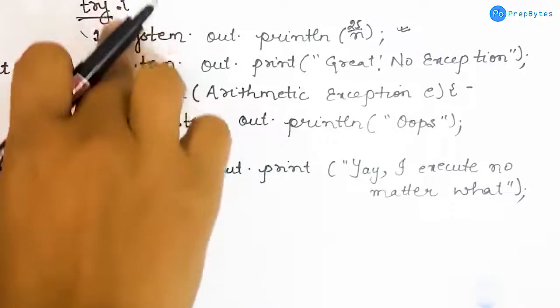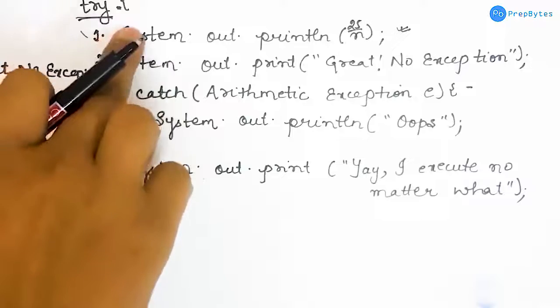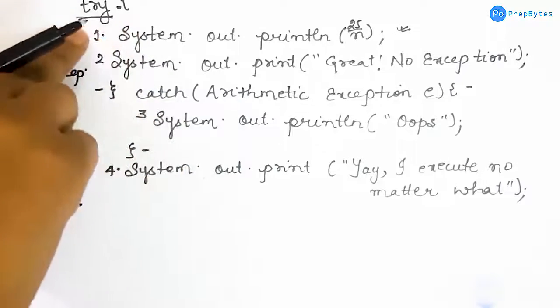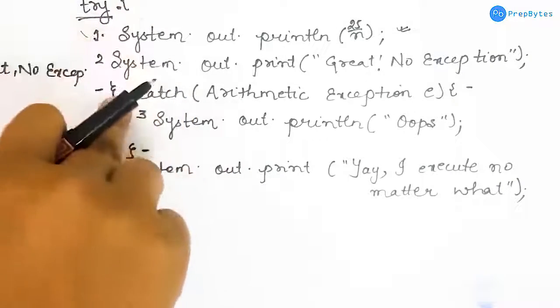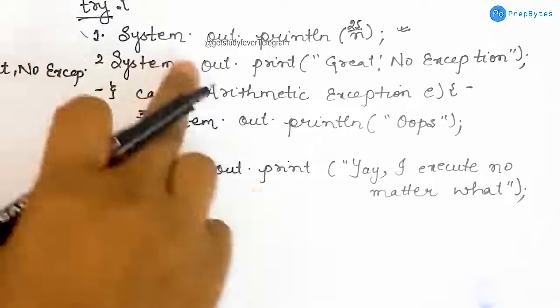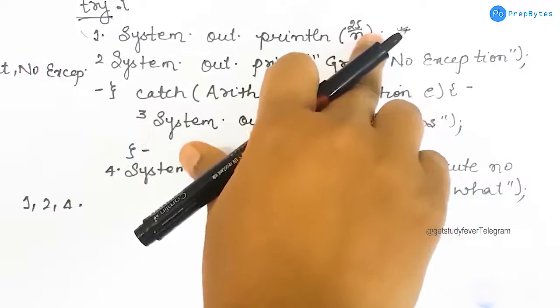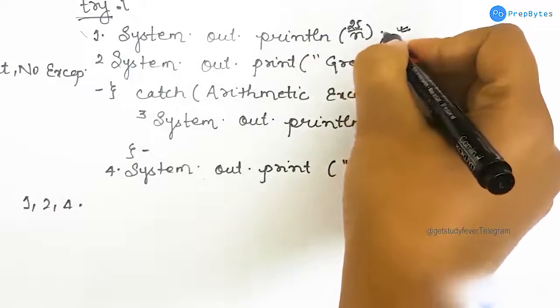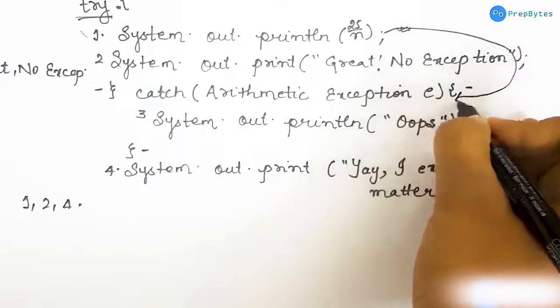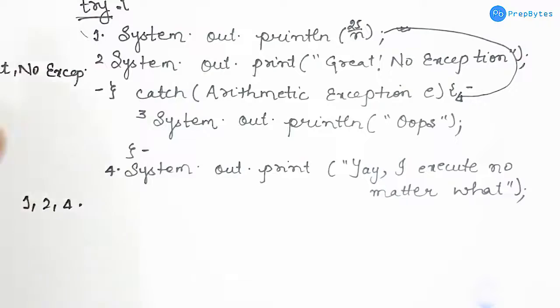So if there are 100 statements after statement number 1 inside this try block, those statements won't get executed. As soon as the exception occurs, the exception is thrown and is caught by the catch block. So this statement number 2 won't get printed.